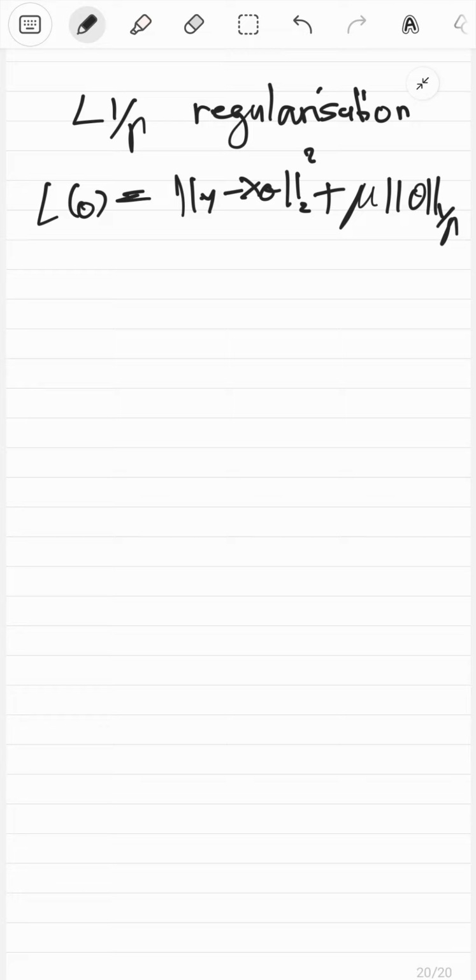And so eventually, as p approaches infinity, we just get the L0 norm, and the L0 norm is just the number of non-zero entries in your vector, right? So it just tries to minimize that, and you can guess what's going to happen. It tries to have as few features as possible. And so yeah, this is L1 by p regularization.